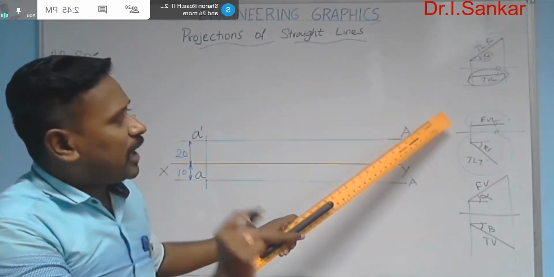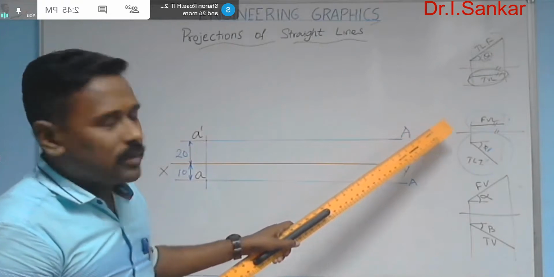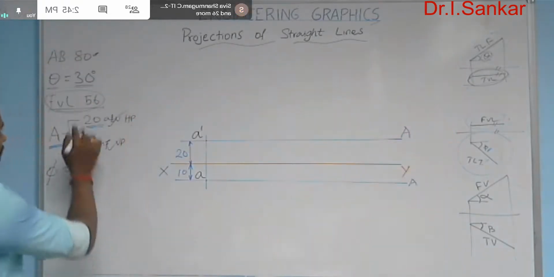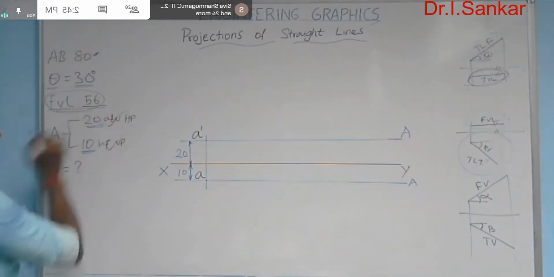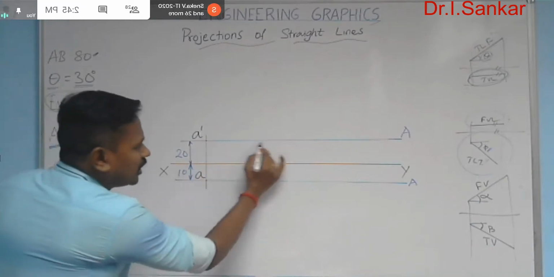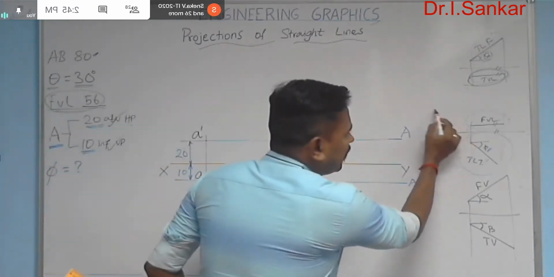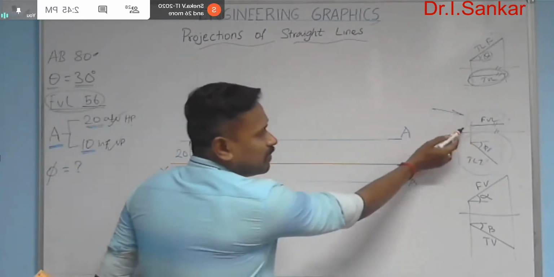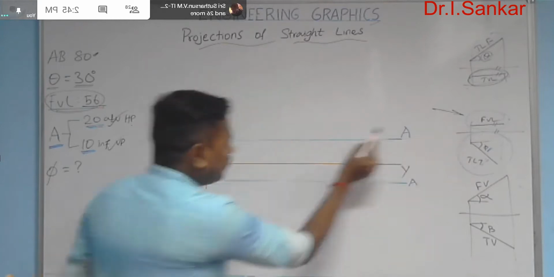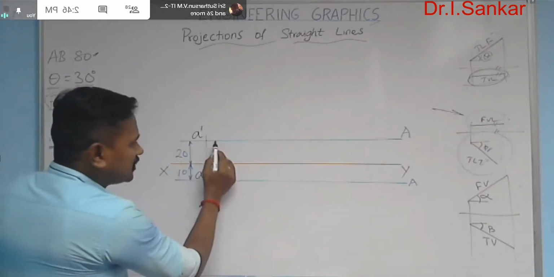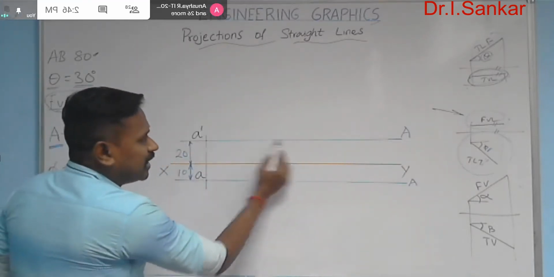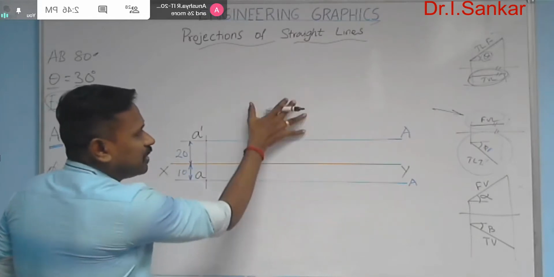It should be parallel to the XY line, with 56 mm length. I am referring to that template, and I need to locate the 56 mm front view length line in the locus of A in the front view area.